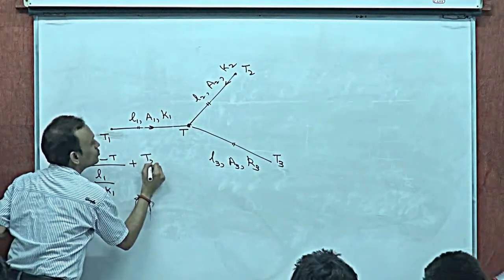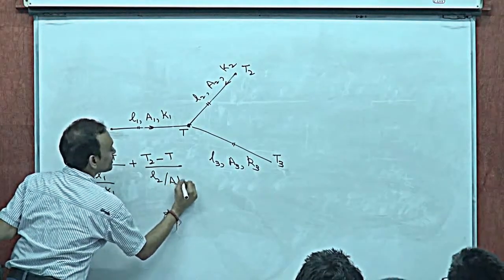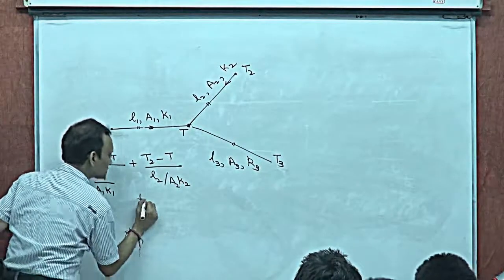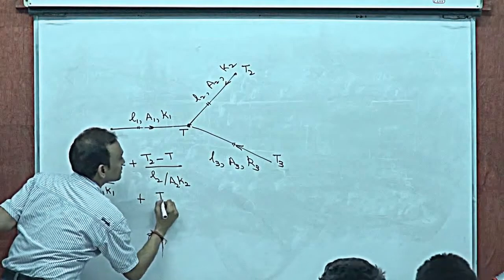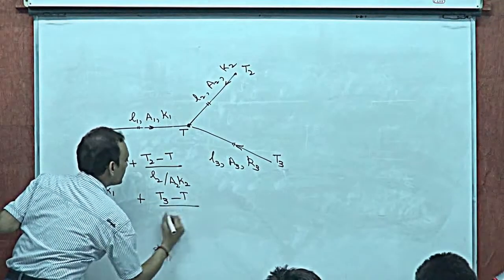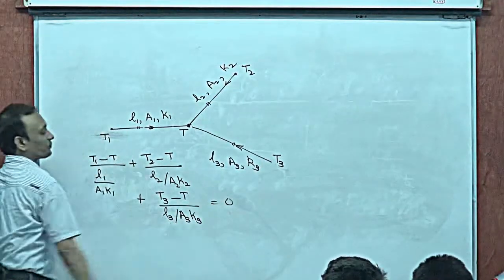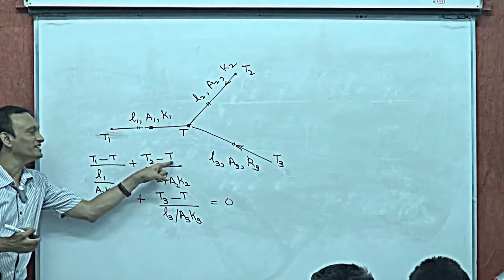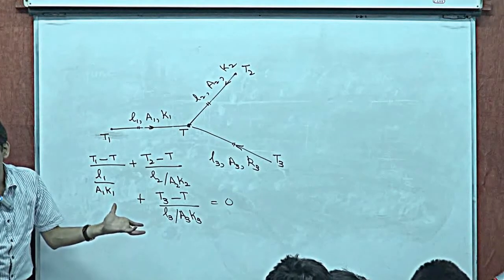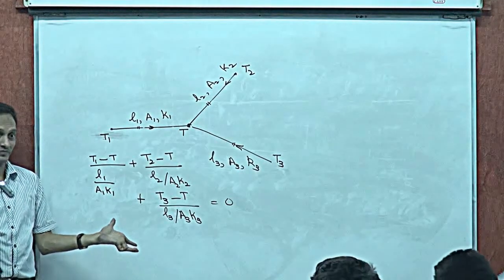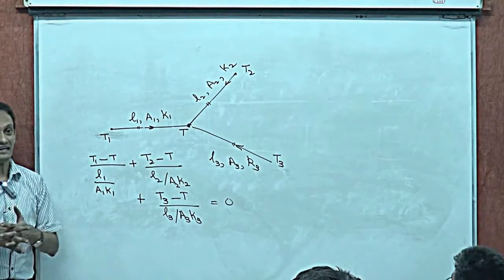So T2 minus T divided by L2 by A2K2, the thermal resistance of this, plus the heat current in this direction, algebraic again, T3 minus T divided by L3 by A3K3. This must be 0, and this will enable you to calculate the junction temperature. So the junction rule applies very effectively, very easily. You can apply KVL, KCL, everything that you like, right?